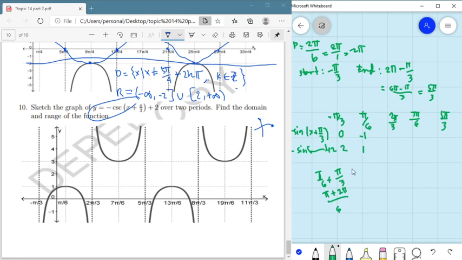Then, 2 pi over 3. So, 4 na ni. We have 5 pi over 6.